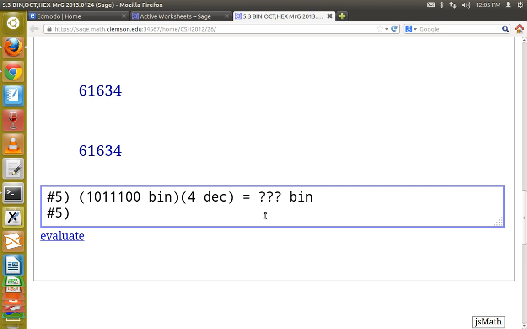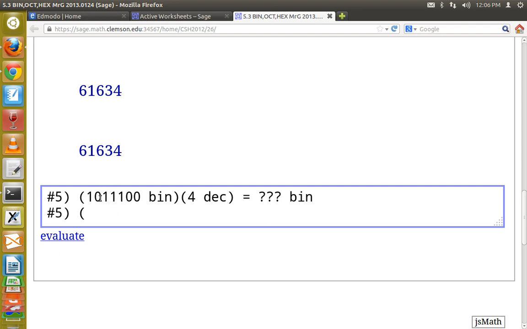What is 1011100 binary converted to base 10? Well, let's see. No 1s, no 2s, 4, 8, 16. So we're up to 28. 16 and 4 and 8, right? 28. All right.